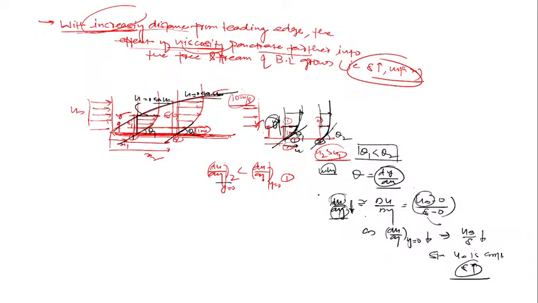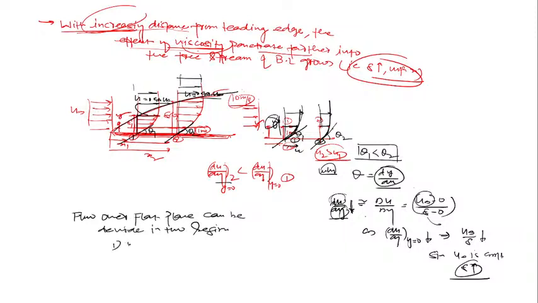So you can see the flow over a flat plate can be divided into two regions. One is called the boundary layer region, the other is outside the boundary layer region.